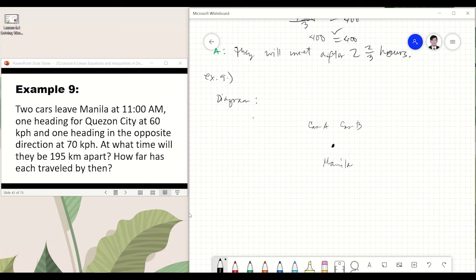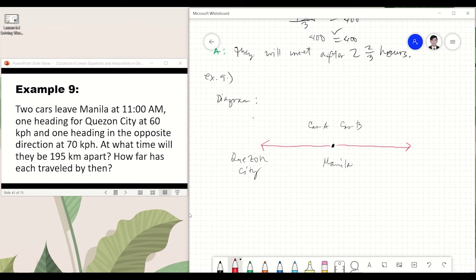They both start at Manila, but yung car A natin, pumunta siya sa left side, kung saan yung Quezon City. Pero yung car B, hindi siya pumunta doon sa Quezon City, but in the opposite direction of Quezon City. So dito pumunta yung car B.